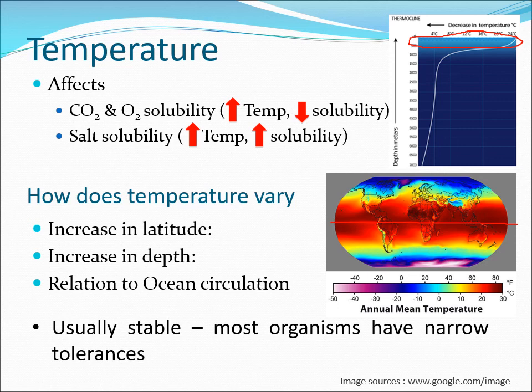Now if we simply look at the temperature variations over the entire earth, we can see that temperature can vary across latitude. We know that the maximum amount of sunlight the earth gets is along its equatorial region, and as we move from the equator towards the poles, the amount of sunlight falling on the earth's surface gradually decreases.